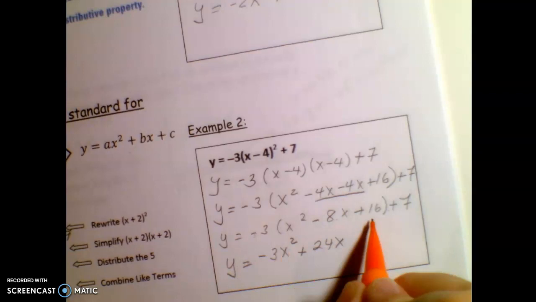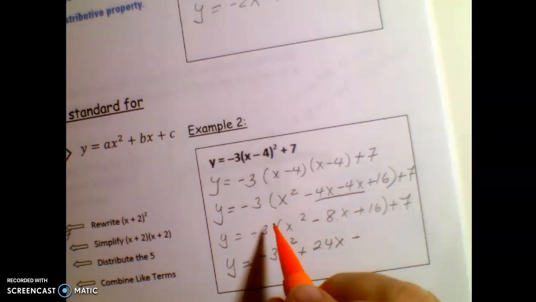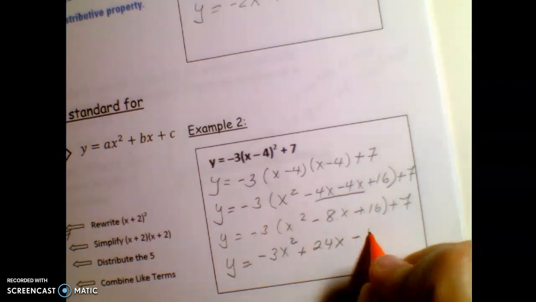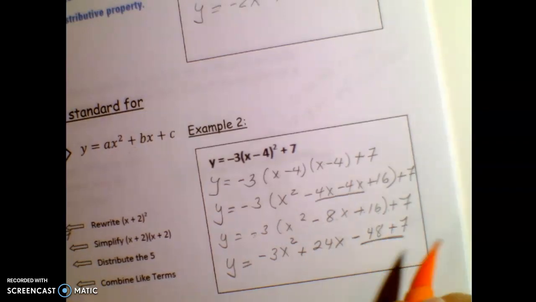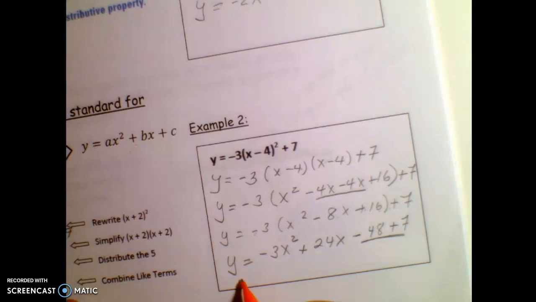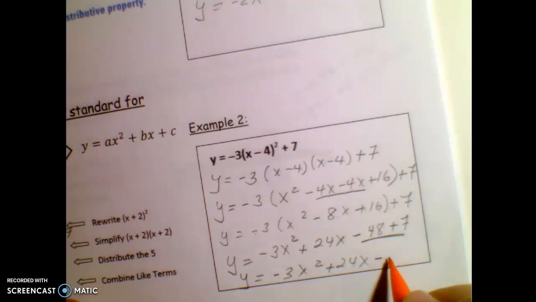A negative times a positive is a negative. 3 times 16 is 48, plus 7. And now the last step is combine those two. So now I have y is equal to negative 3x squared plus 24x minus 41.